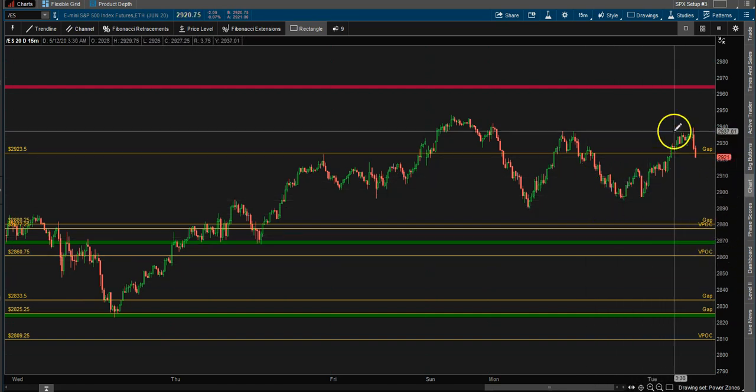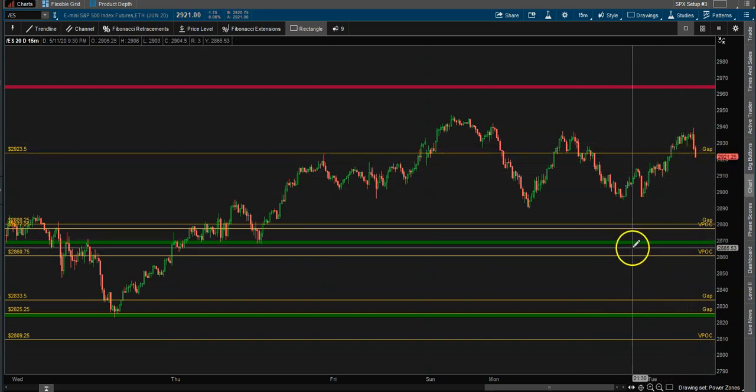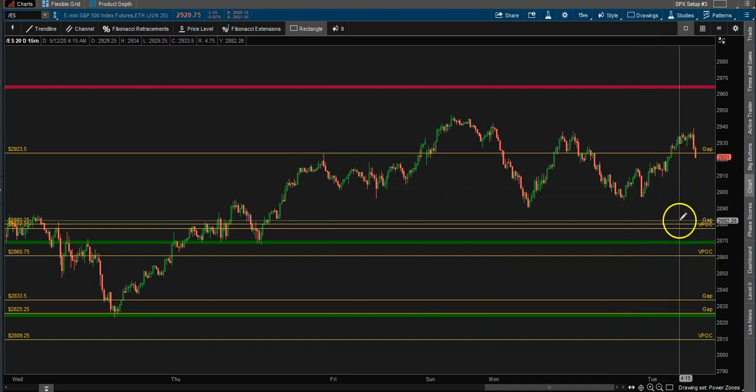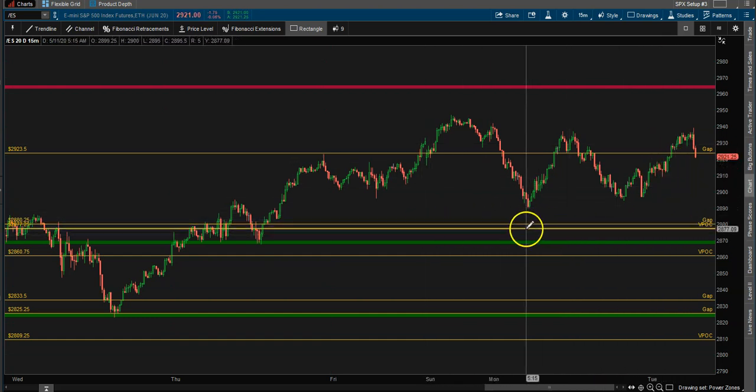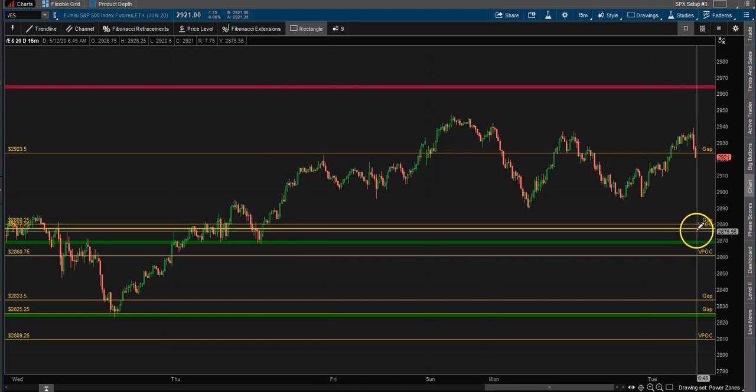So what I look for as a way to trade is, if we came down here, I'll look at these gap and VPOC levels. Is there going to potentially be support here for a quick little scalp trade, maybe a point?